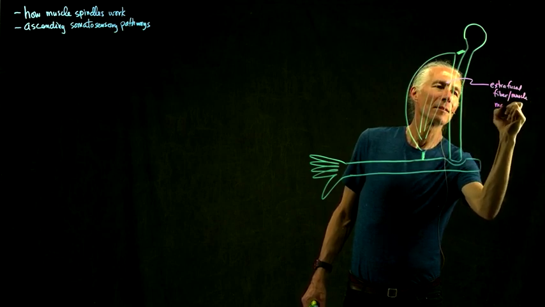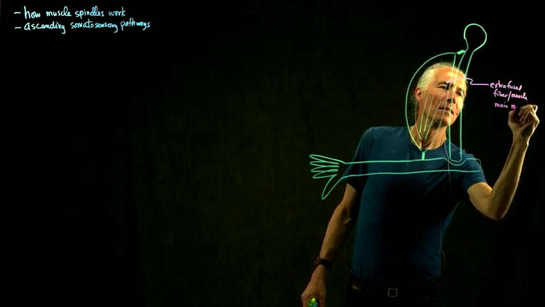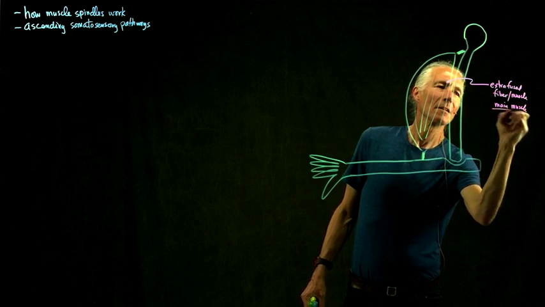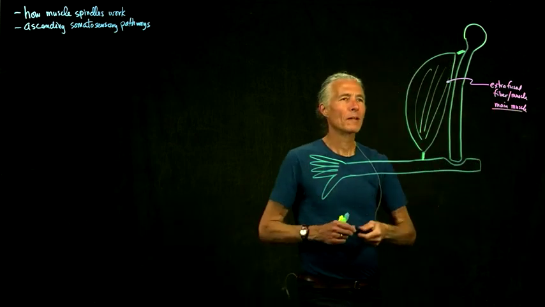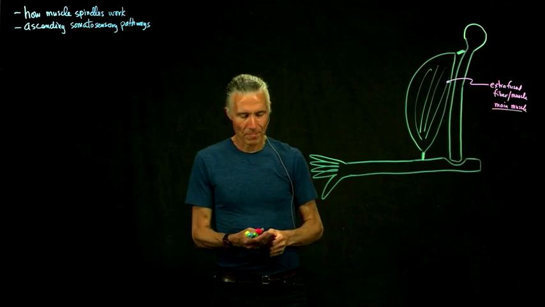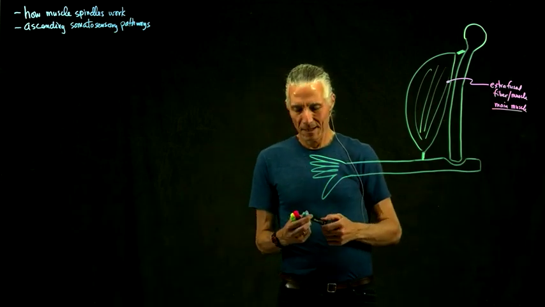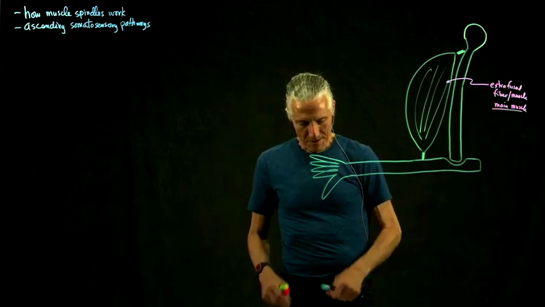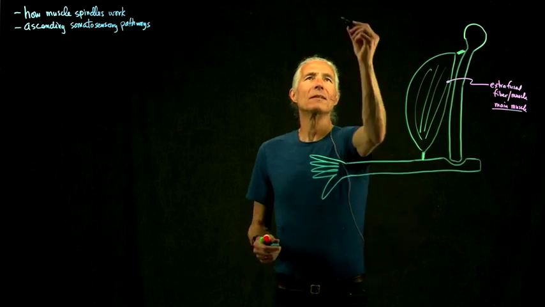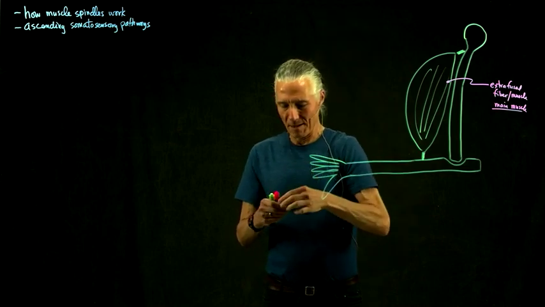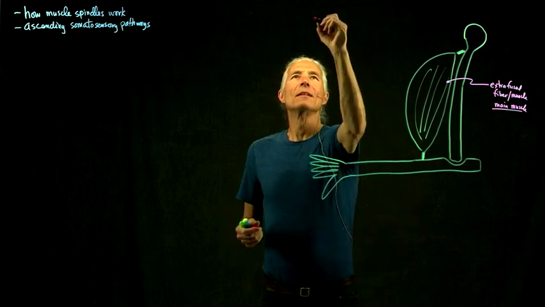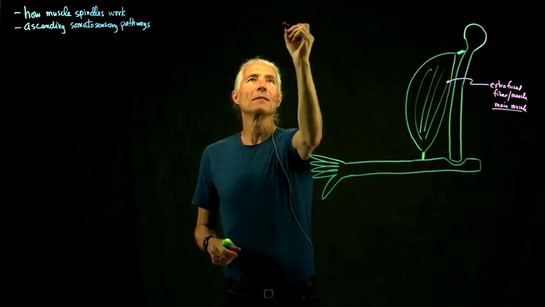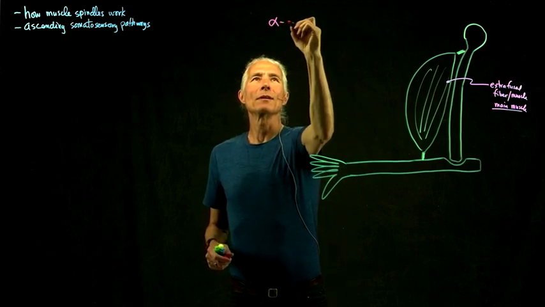And what moves that are what are called alpha motor neurons.